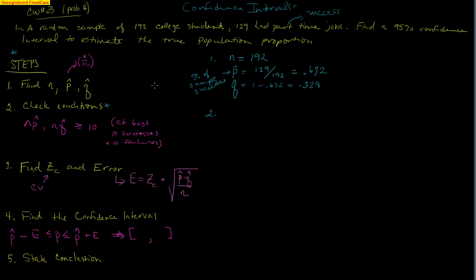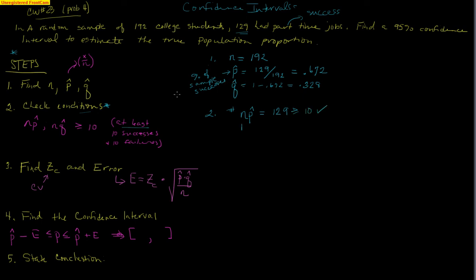So we have some basic conditions that must be met. One of which is at least 10 successes and 10 failures. Our number of successes is n times p hat, which takes us right back to 129. There are 129 successes, and that is greater than 10, so that condition is met.